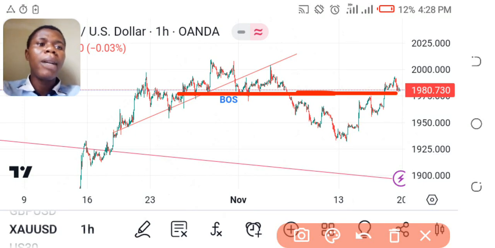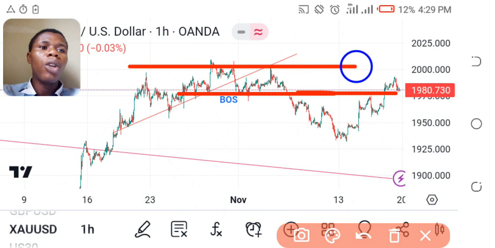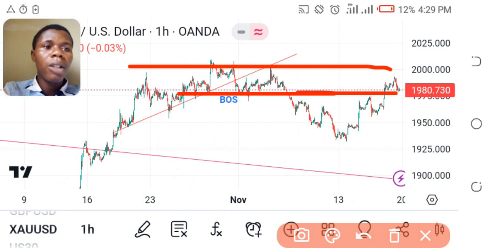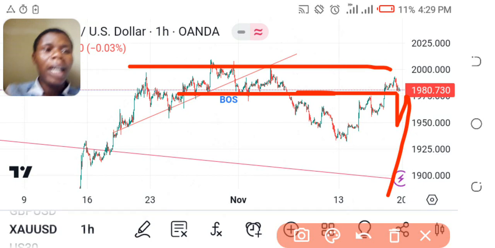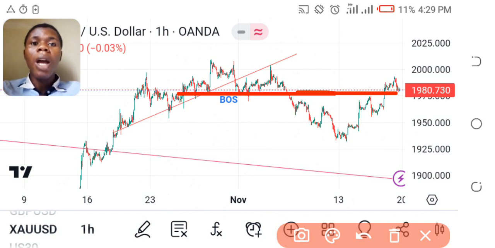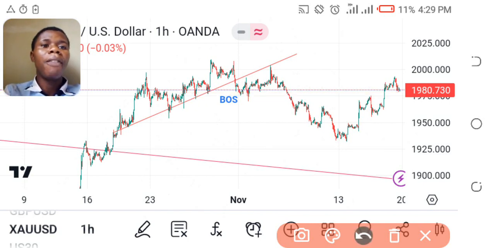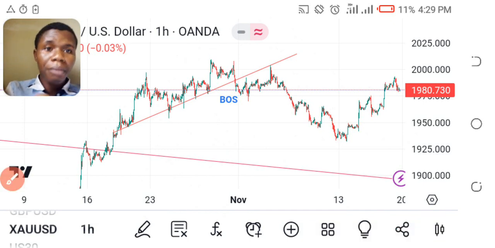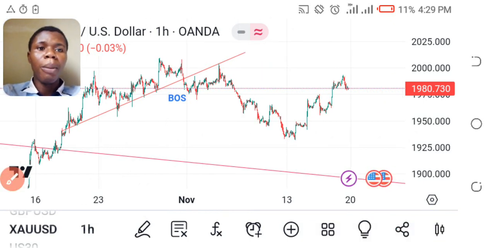Now we are expecting this market to come back to this zone, this other block here, possibly then come back to this retracement, this breakout, and go back to the downside. If that happens, the next entry you should be looking for is this breakout entry here. I will look for another chart that has that breakout strategy so we can get a clear picture of it. So this is it for the double top.